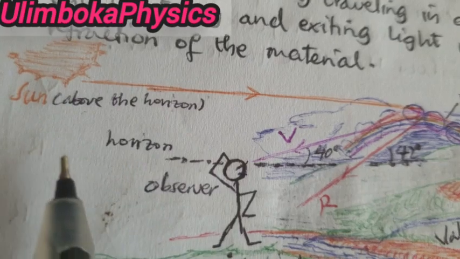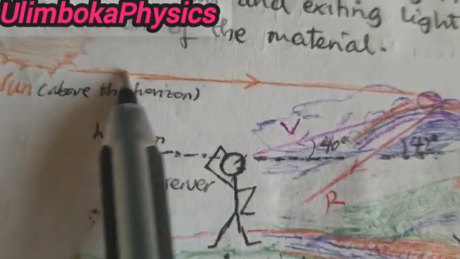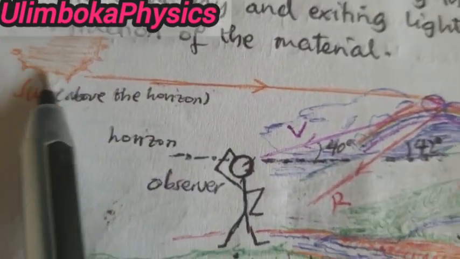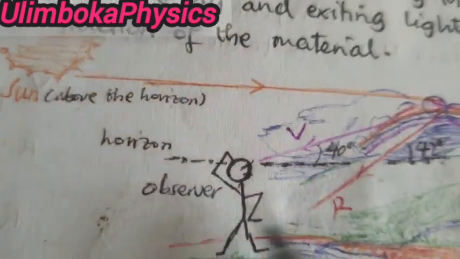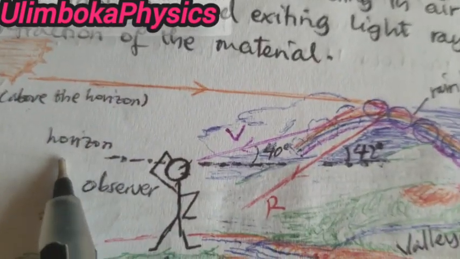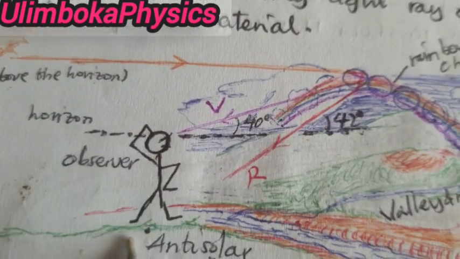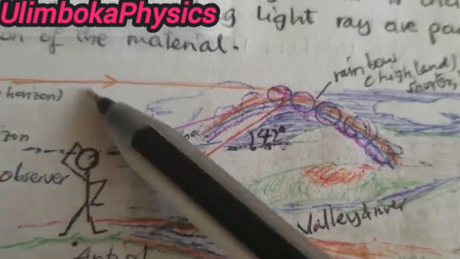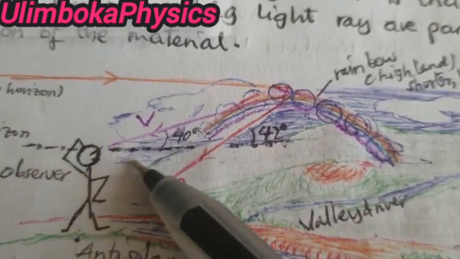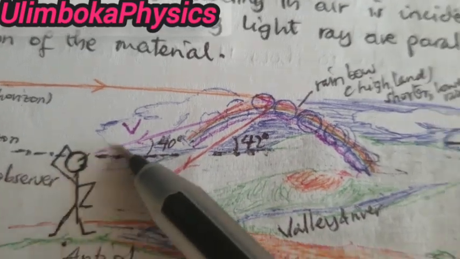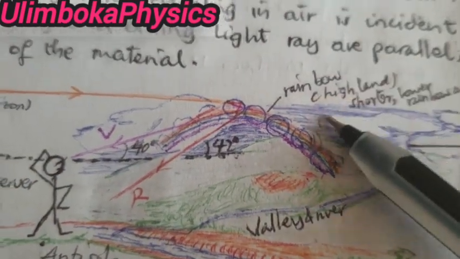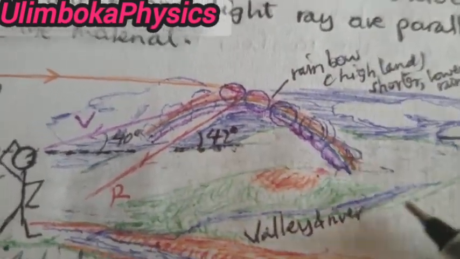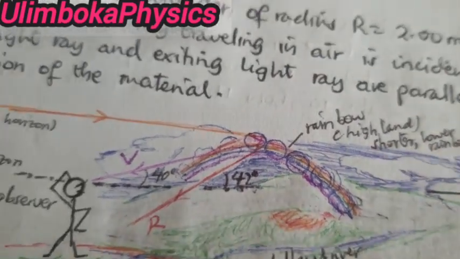It has the condition I described here: the sunlight is above the horizon and the observer's eyes are at the anti-solar position, as all rainbows must be under these conditions. The rainbow forms somewhat at the highlands, but it is a shorter, low rainbow arc.